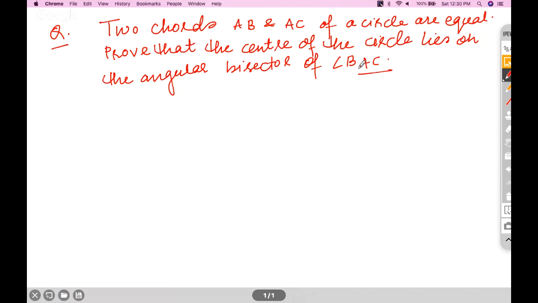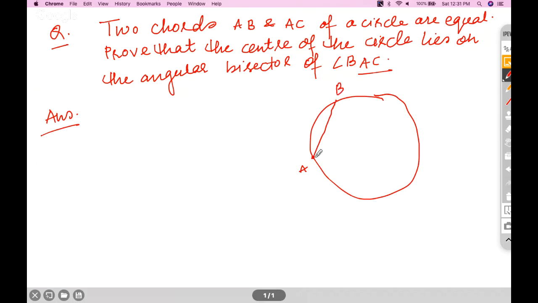Okay, so I will solve this question. Just look here. Suppose I have two chords AB and AC. So A is the common point of the two chords.